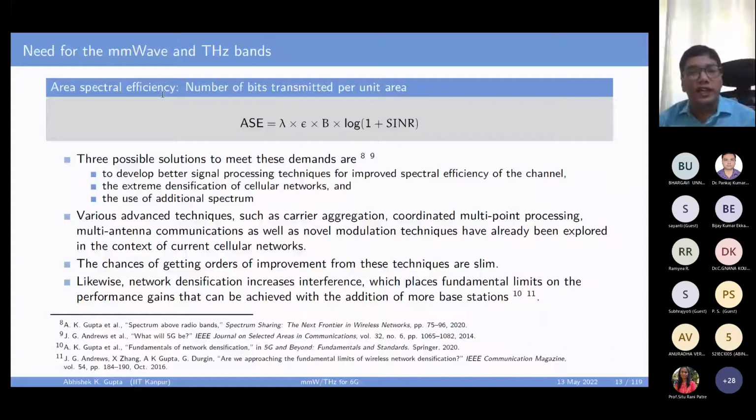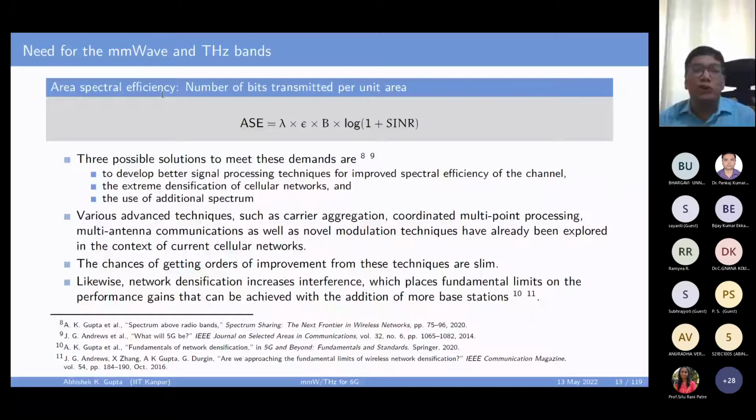So if you have high SINR, the maximum rate in bits per second per hertz you can achieve is log(1 + SINR). You multiply this by bandwidth, so you get the total number of bits per second which you can transmit. Then you multiply by epsilon, which is the spectral efficiency, so you can improve the spectral efficiency. This is how efficiently you can utilize the spectrum.